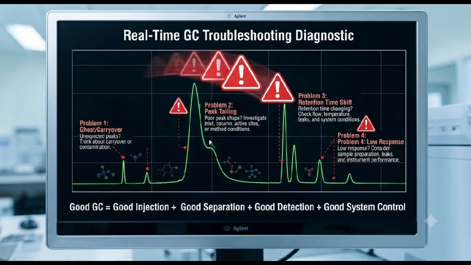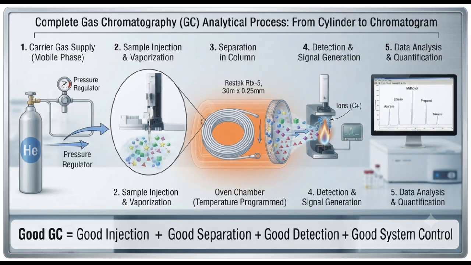Summary. So let's follow the complete journey one last time. The carrier gas provides the mobile phase. The sample enters the heated injector and vaporizes. The carrier gas transports the vaporized sample into the column. The compounds separate based on their different chromatographic behavior. The oven controls the column temperature.